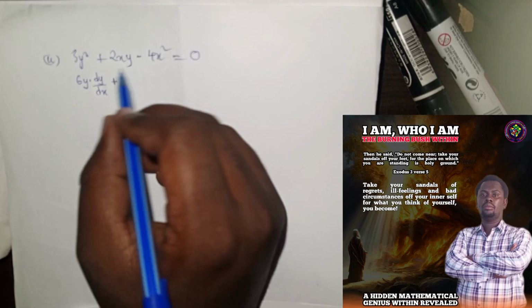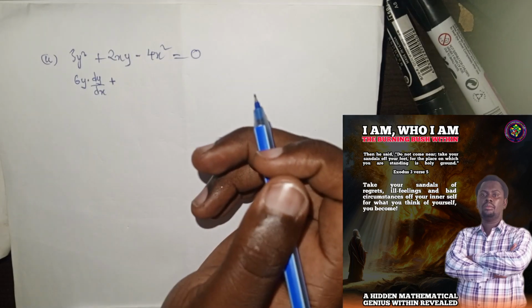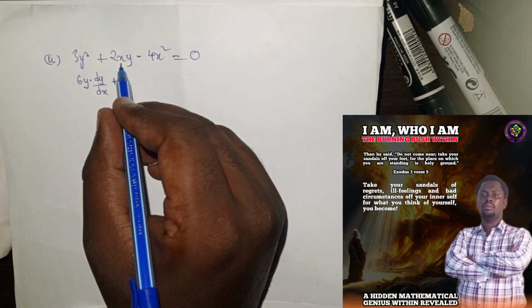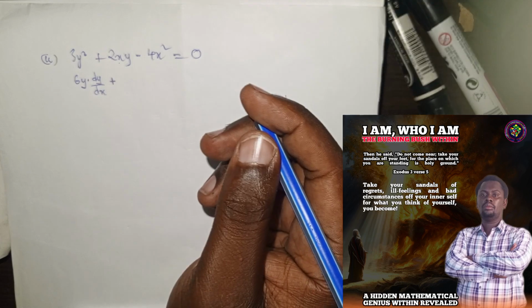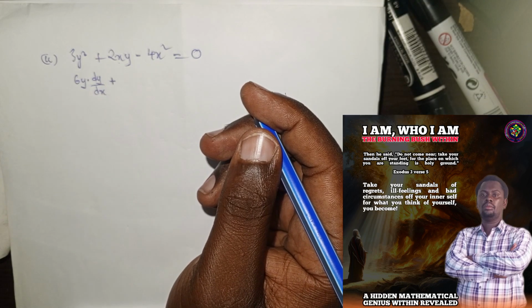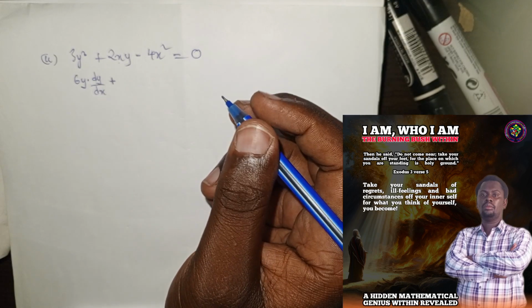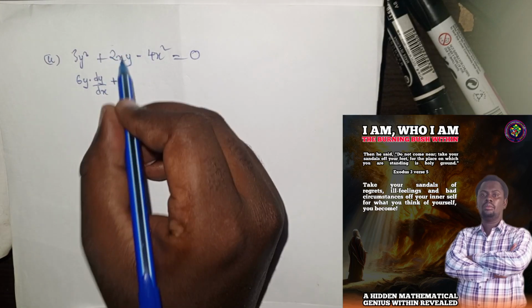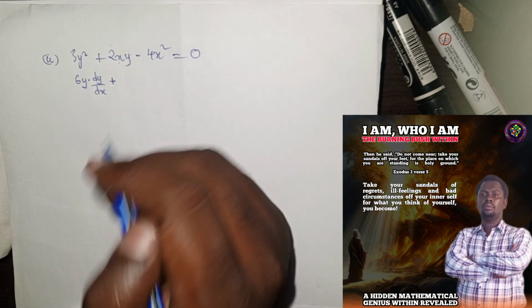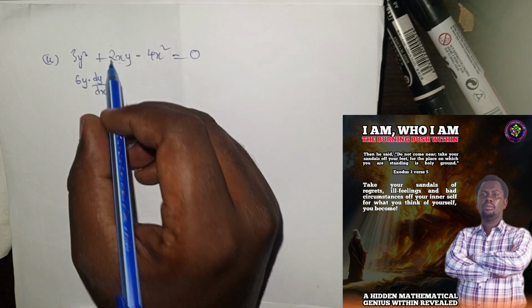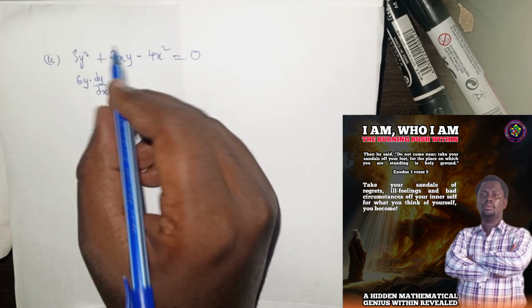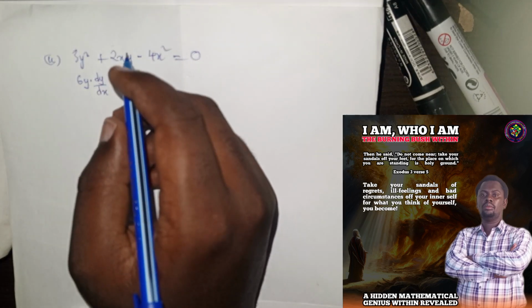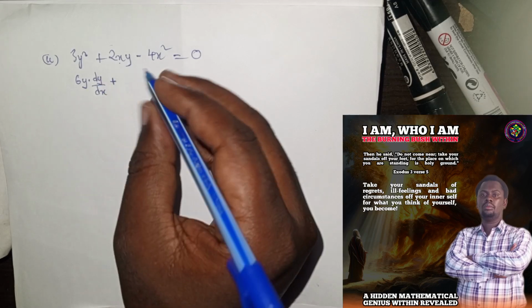Here, this one, you take it as a product. We have 2x multiplied by y. So we apply the product rule of differentiation. First, you differentiate the first term, and you keep the second term constant. The derivative of 2x, you get just 2.